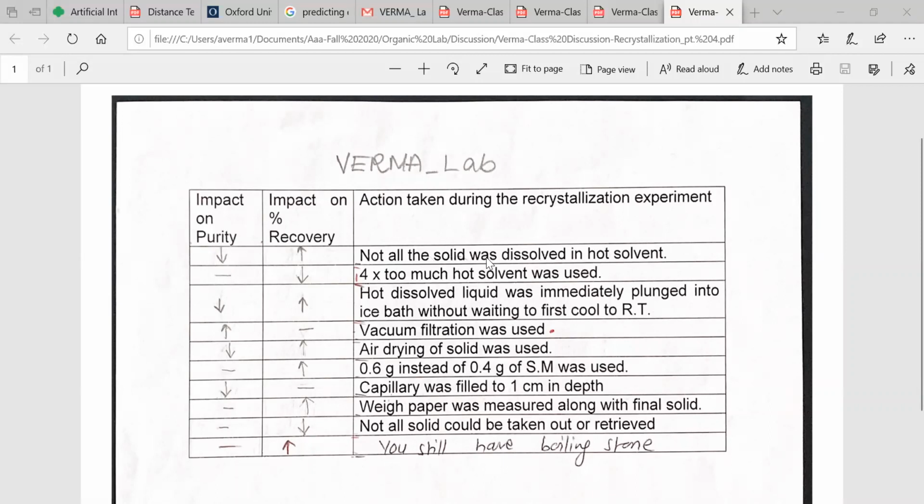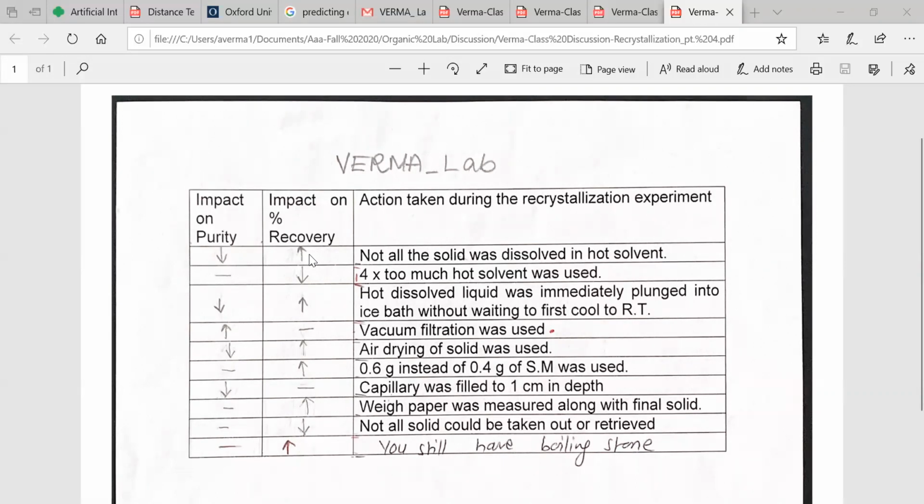So if all the solid was not dissolved in the hot solvent, some of the solid will carry the impurities in it, and hence the purity will go down when you collect your recrystallized material. Because of those impurities, your recovery will be higher than it should have been.